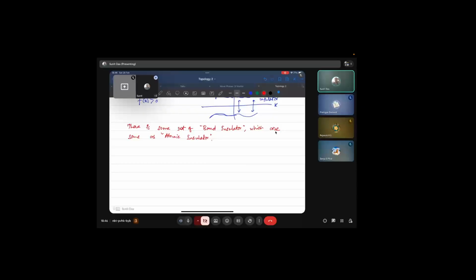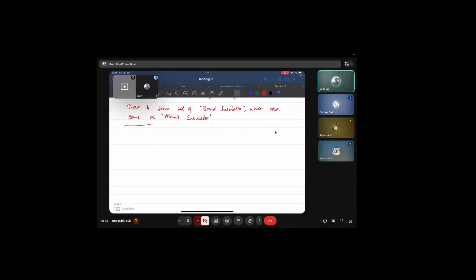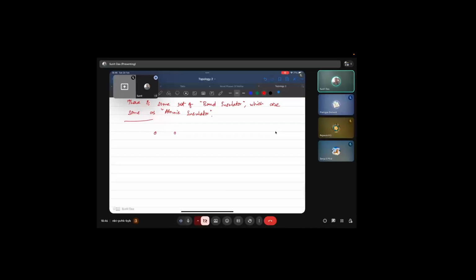So this conclusion is valid for a system, or a chain, where we took this as, let's say, B type atom, A type atom, and this is the unit cell, and then it continues A, B, and there are n such unit cells. So this is, let's say, the ith unit cell. This will be the I plus 1th unit cell. The hopping between this A and B is allowed with a finite hopping amplitude of minus t, but there is no such hopping between cells.